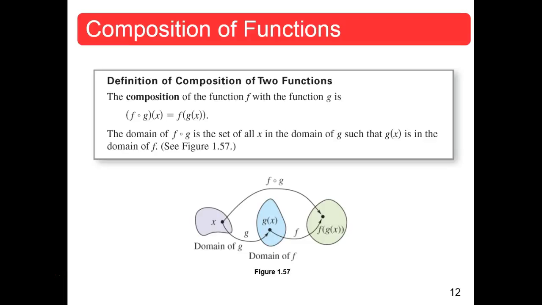Now, guess what? Domains are where you have to sort of do a little bit of thinking. Your domain for the g are all the acceptable values for x. Now, if we go back to that previous example, g of x was x plus 1. What's the domain of that? All real numbers. Very good.